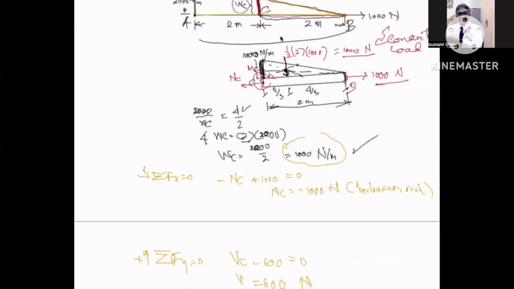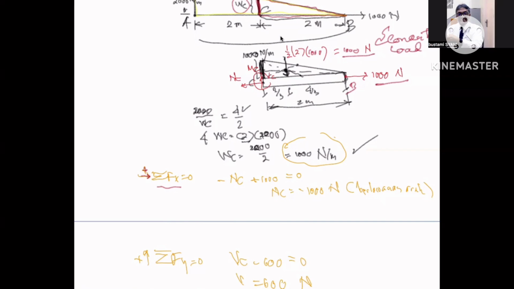Now, when we apply the equation of equilibrium in the x direction, so sigma Fx, we know that this sign is supposed to be positive to the right, equal to 0.